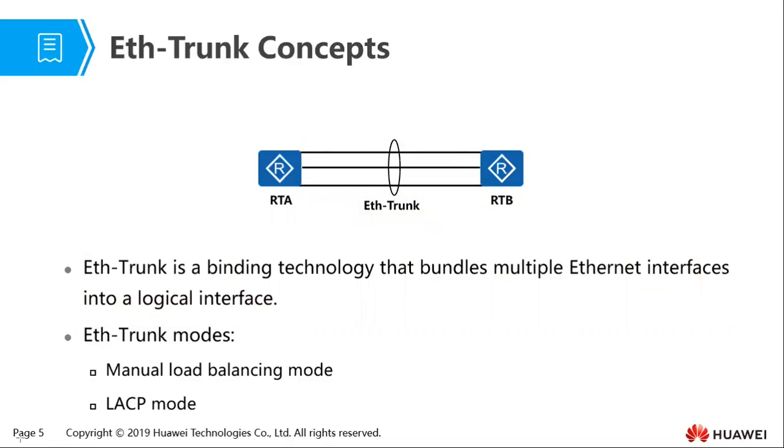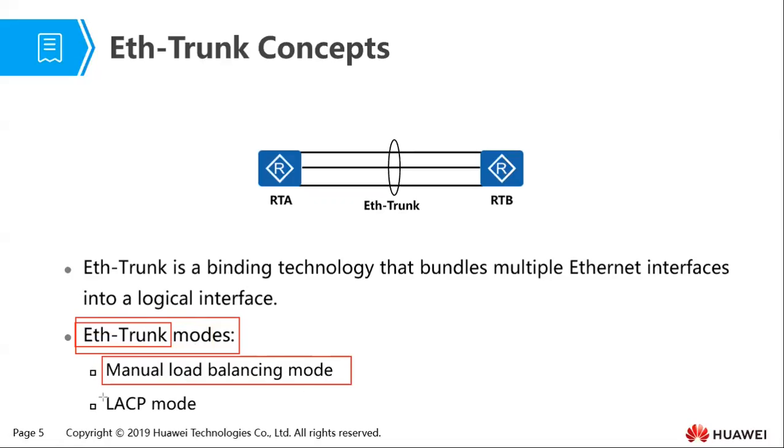Now, generally, we have 2 Ethernet trunk modes. The first one is known as the manual load balancing mode. This is the default mode. So anytime you're creating an Ethernet trunk, it will be working on the manual load balancing mode.